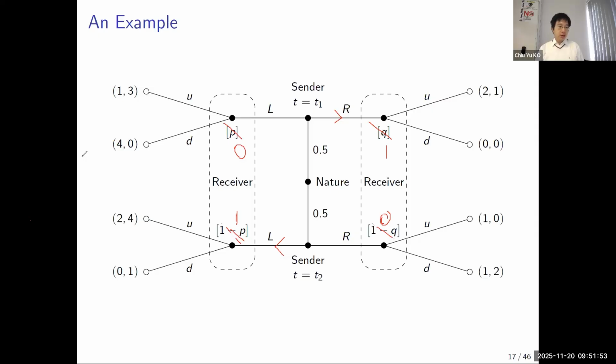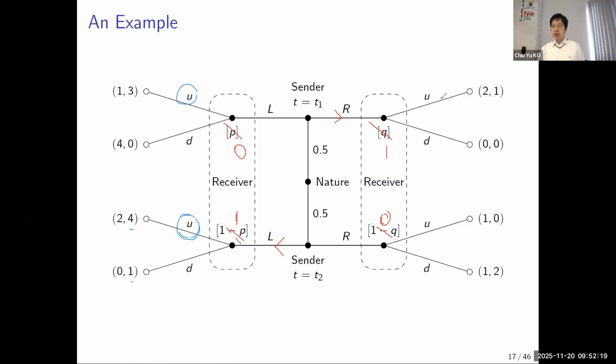Okay, once you have the Bayes rule, then you will tell the receiver what to do, because the receiver's decision is here. Between 4 and 1, of course, he will choose U. Because he didn't know where he is, this is also U as well, but only he can choose U. Now for the receiver here, he thinks he's here.